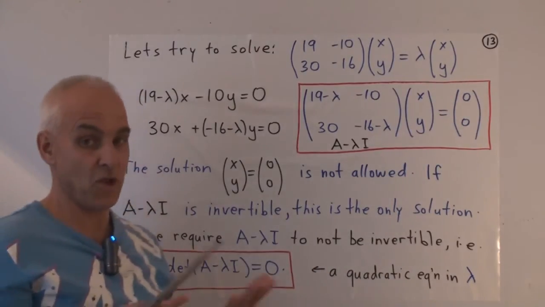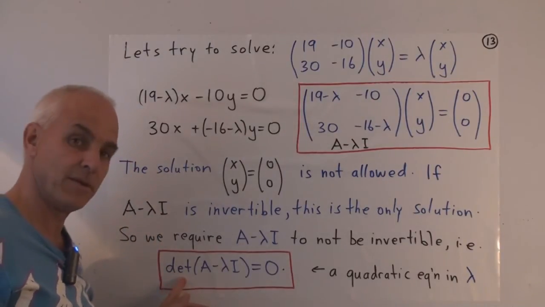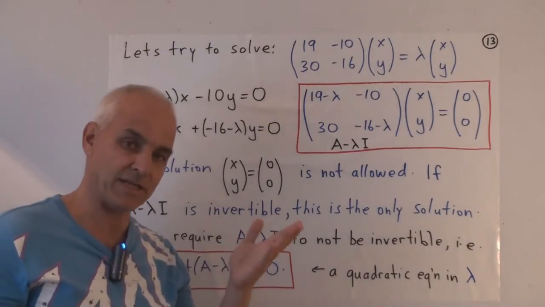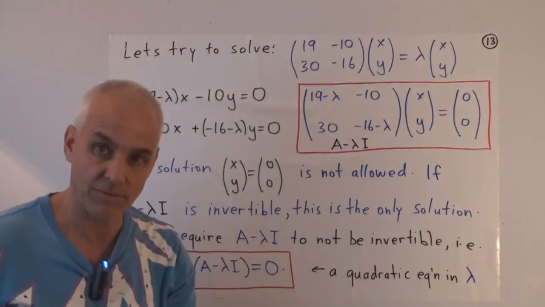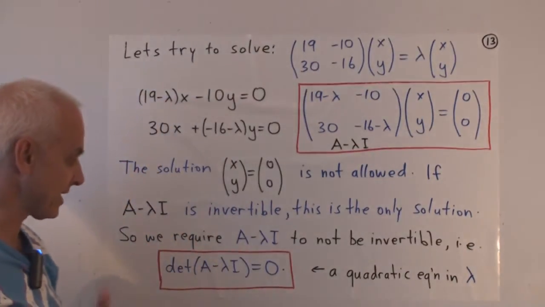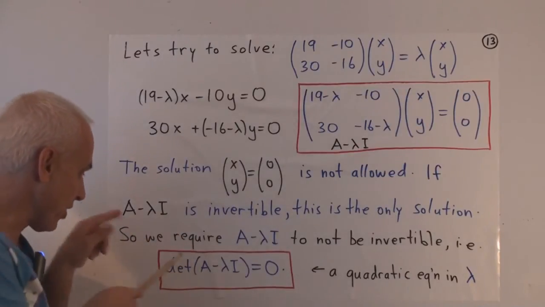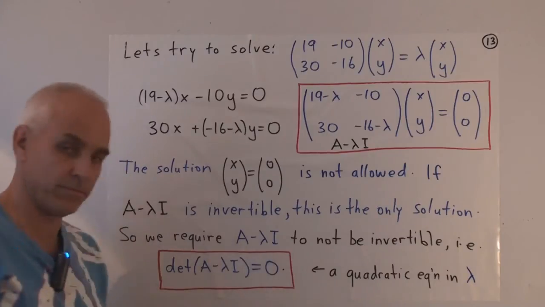And when is a matrix not invertible? Precisely when its determinant is 0. So remember, a matrix is invertible precisely when its determinant is non-zero. So this is a situation where we want this matrix to be not invertible, and so we require that the determinant of A minus lambda I be 0.